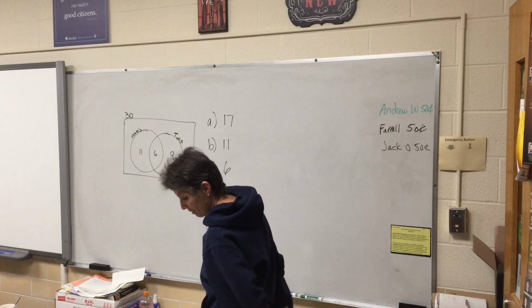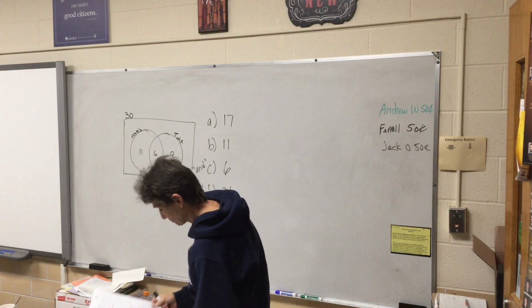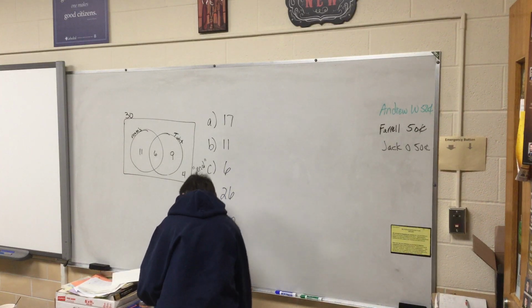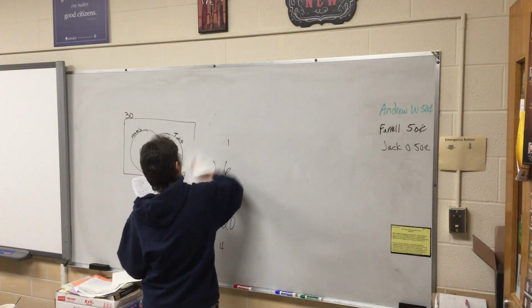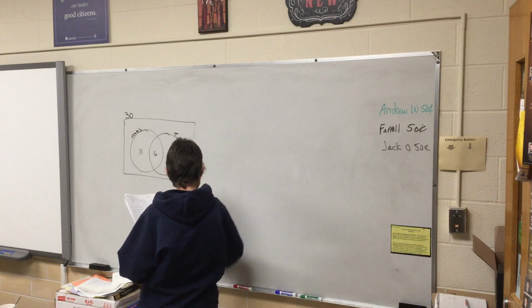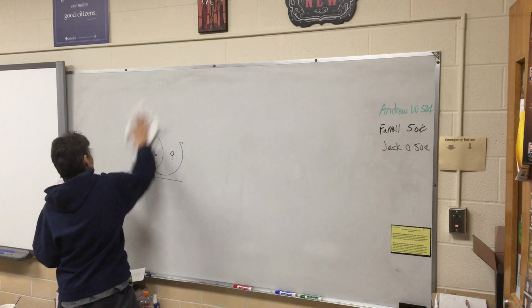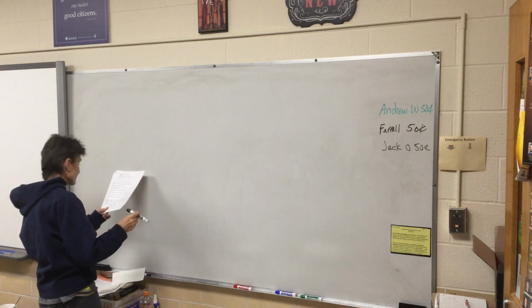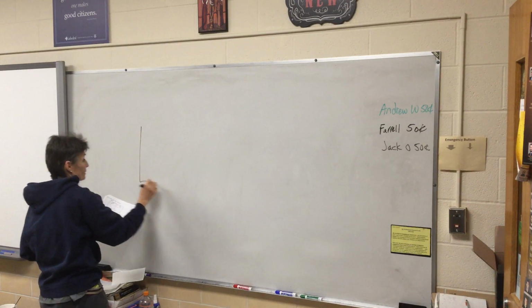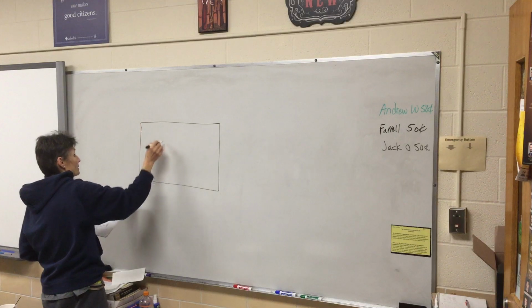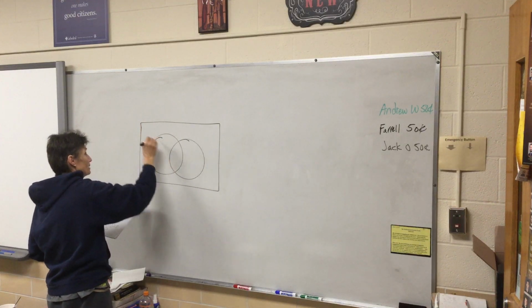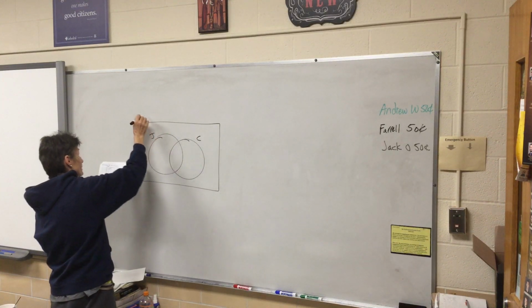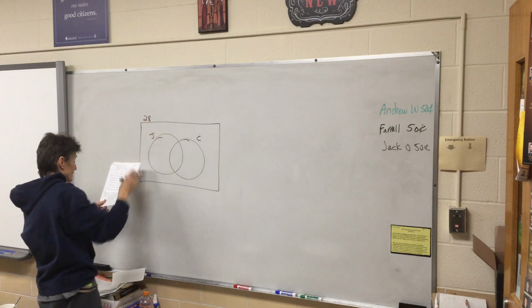Okay? All right, let's look at the next one. Each of the 28 students in the class, and you got to fill in your own numbers this time. Each of the 28 students likes jazz, country, or both. Here's jazz, country, there's 28 students altogether.